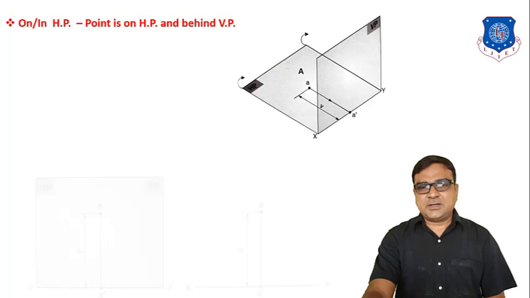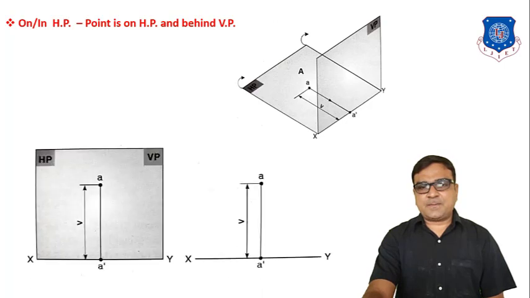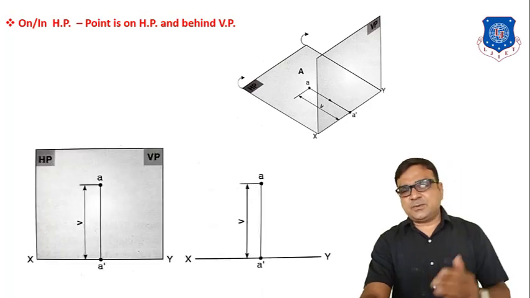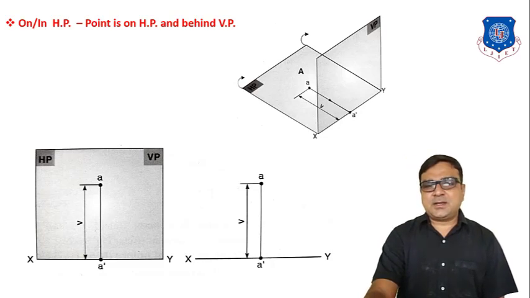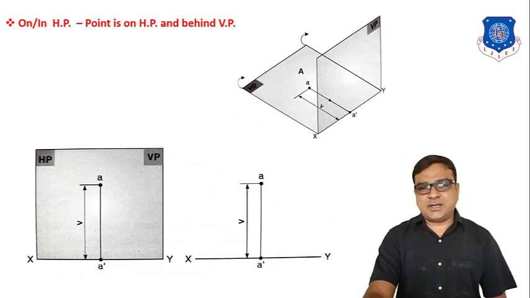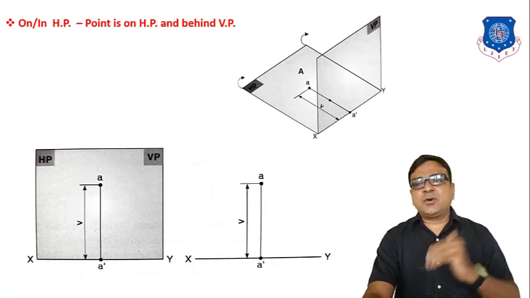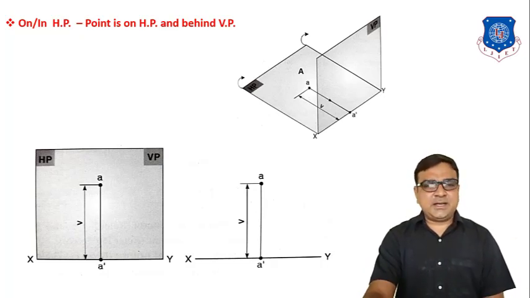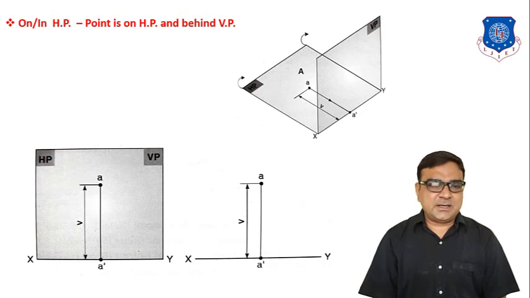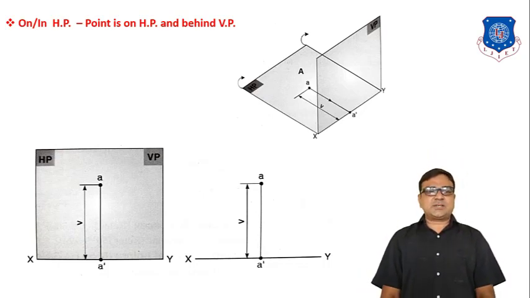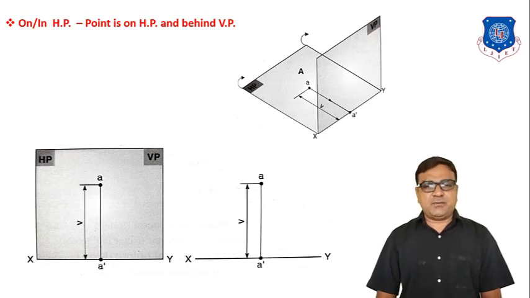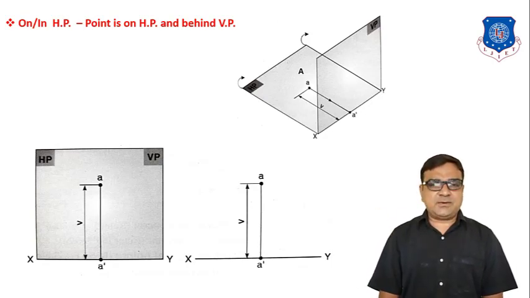When you look from the front view and top view, the projection of A on the horizontal plane is small a, and on the vertical plane it is A dash. Here also the front view is on the XY line. Now by moving the horizontal plane clockwise 90 degrees, our projection looks like this, in which A dash is on XY and small a, the top view, is above XY at distance V.